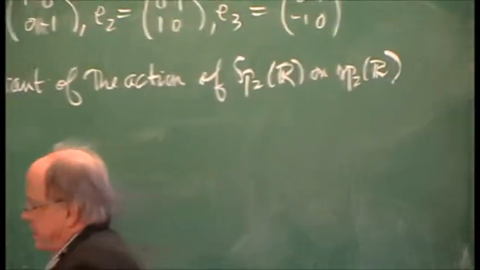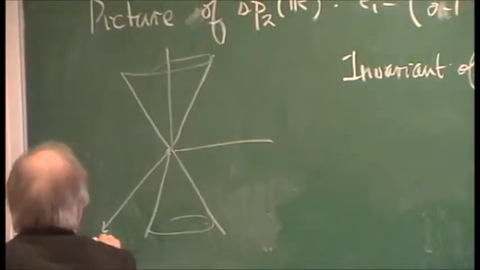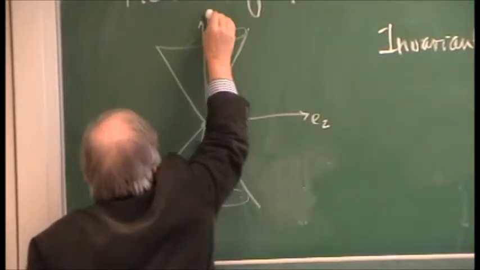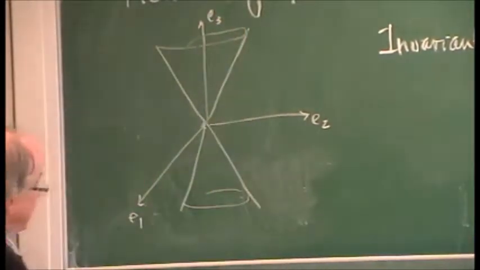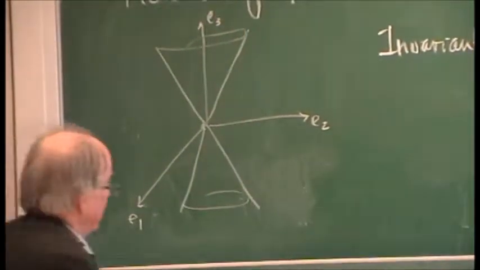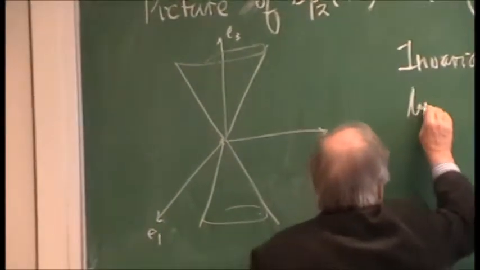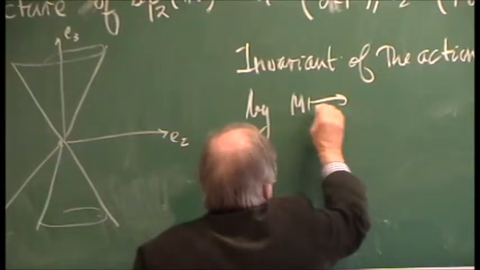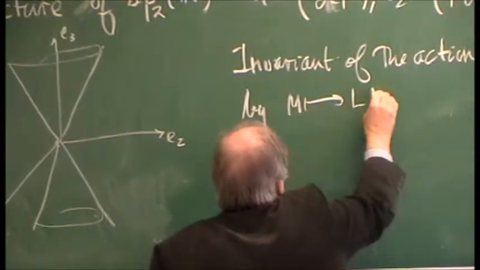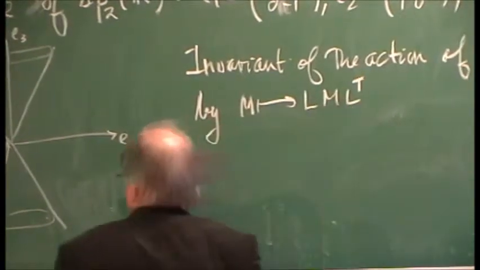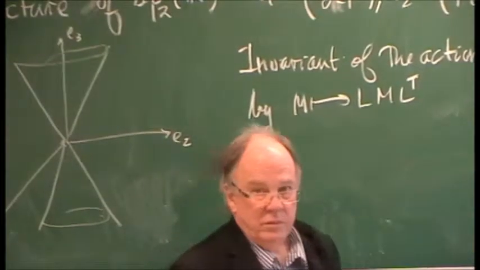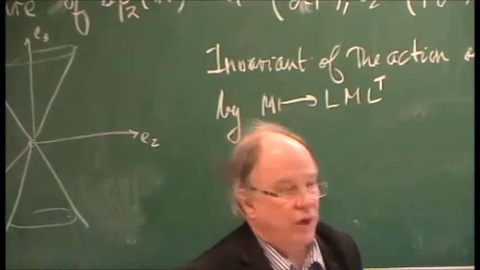So here's the picture of the vector space SP2R. So we're talking about this action I just wrote below. So M gets mapped to L M L minus 1, not transpose.